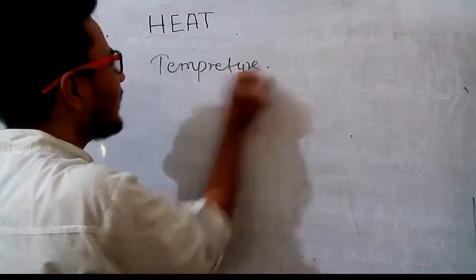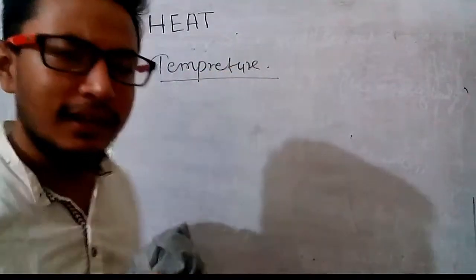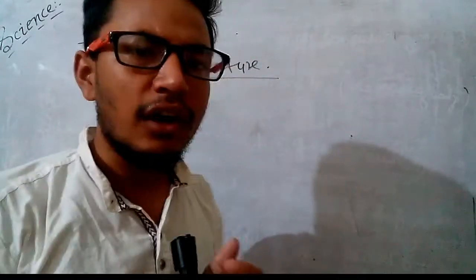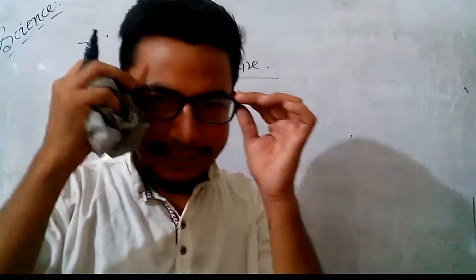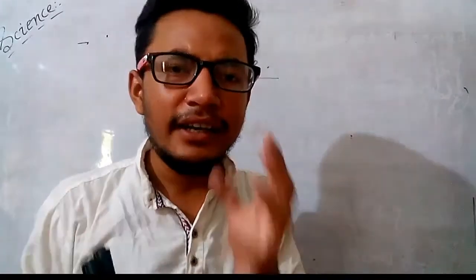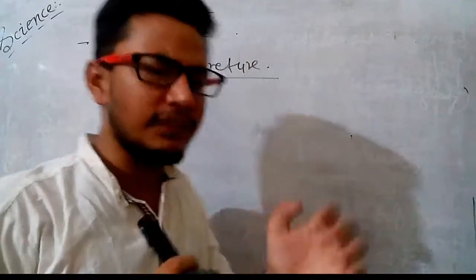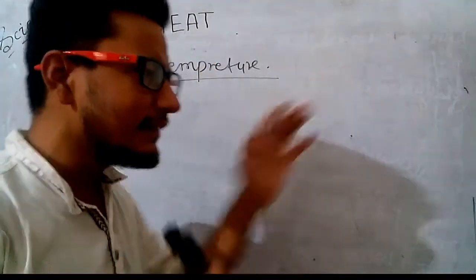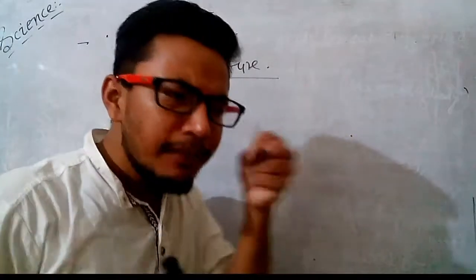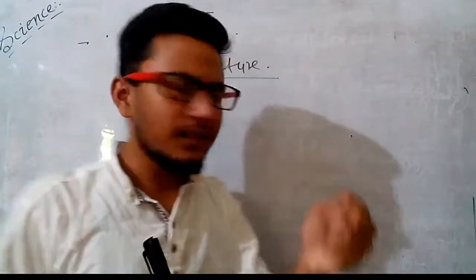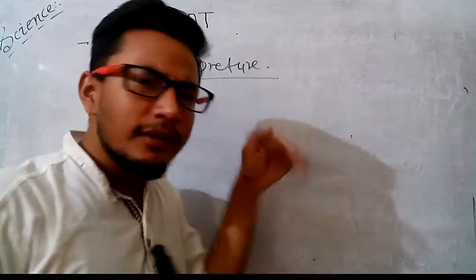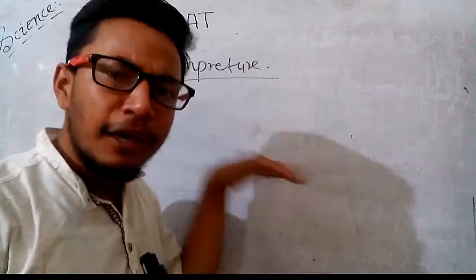So what is temperature? You know the definition of temperature: the degree of hotness or coldness of a body is called temperature. It means that when you talk about temperature, it doesn't mean the body is totally hot. It may be cold.